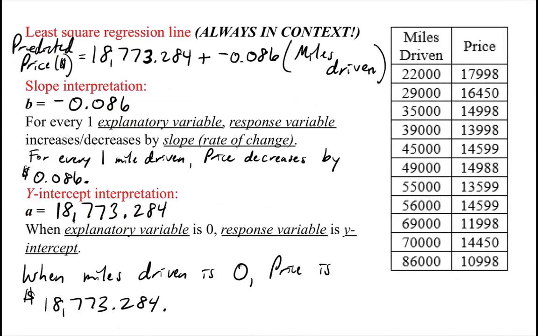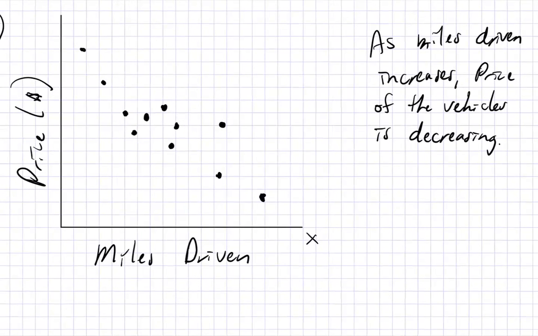Because we know the data looks something like this. For this problem, as miles driven increases, the price of the car is going down.